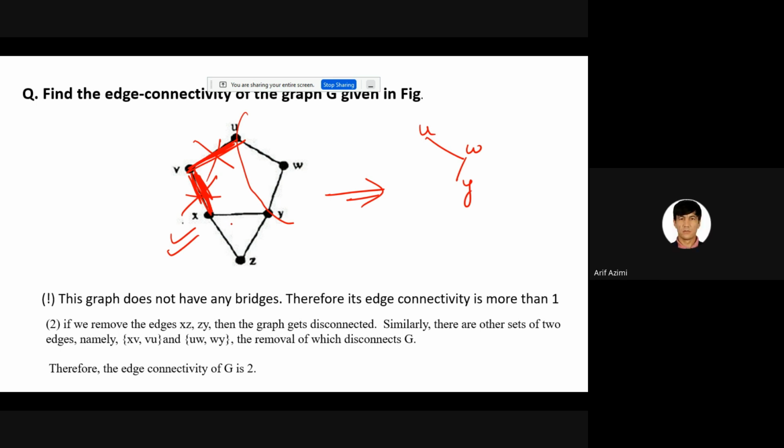We can remove one edge, for example XZ or YZ. U is removed. Here V is removed, and here X is removed. When X is removed, can you form a link from X to Y or not?